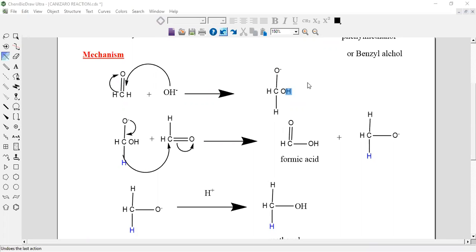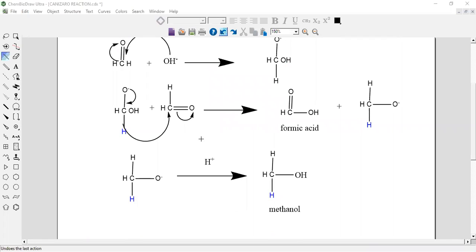In the next step, the second formaldehyde molecule comes in. The pi bond again shifts to this carbon, and one of the protons from the first molecule is shifted to the second molecule. Because of this, you will get a formic acid molecule, and a methoxide ion is formed.